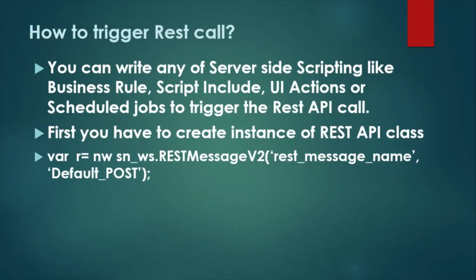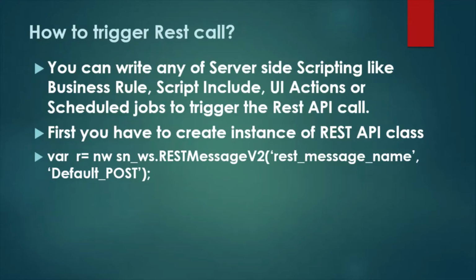So the next question is, how can you trigger the REST call? To trigger the REST call, you can write any server-side scripting like a business rule, script include, UI action or scheduled job. But in the script, you have to create an instance of the REST API class.